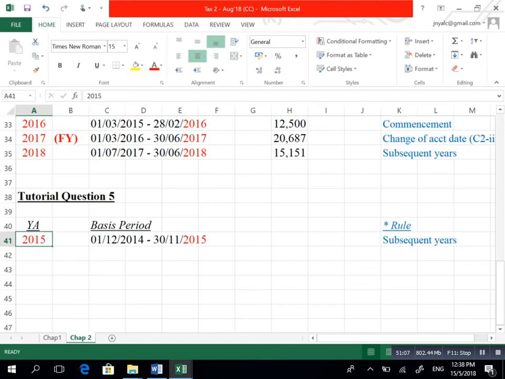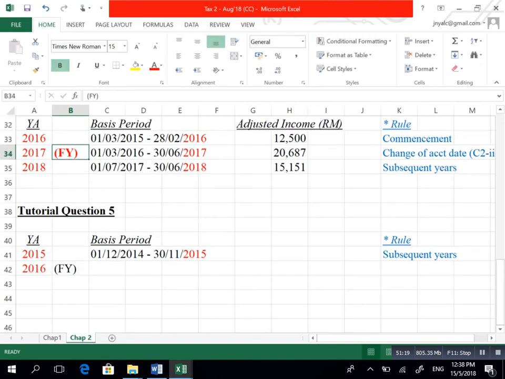By the way, class, this is the rule that you apply, right? For the change of accounting date, under which category? Category 2, because more than 12 months, right? And do you end in the same year or the third year?